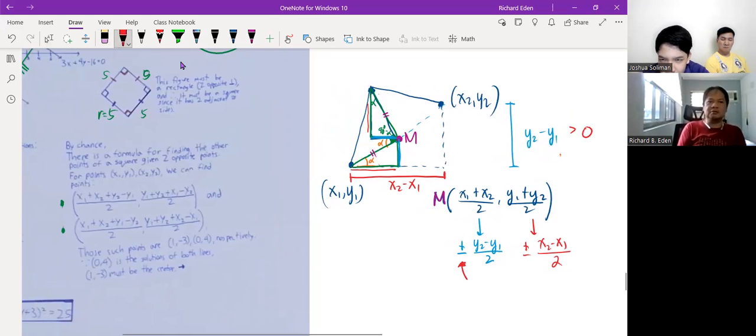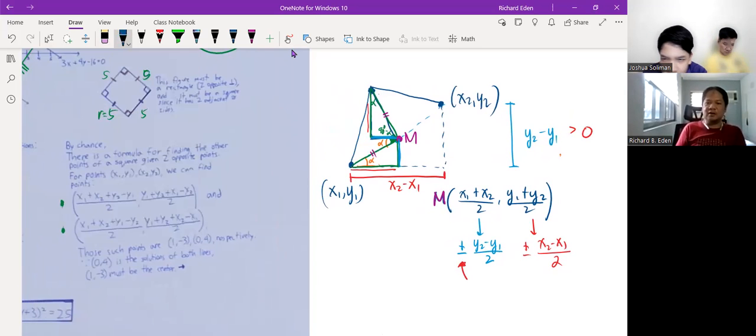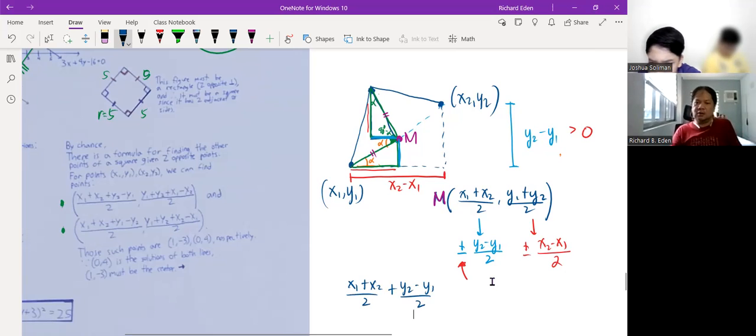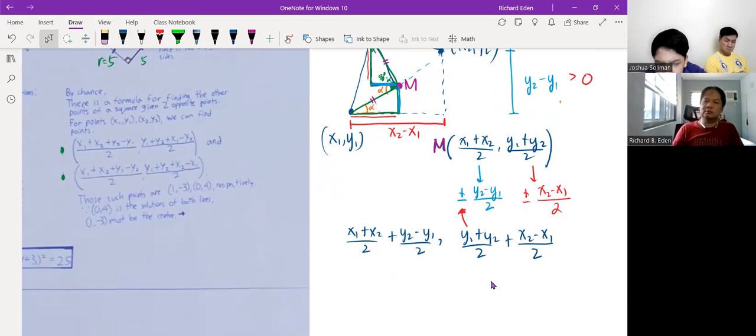Let's check what happens. We have x1 plus x2 over 2, and then plus (y2 minus y1) over 2, and then y1 plus y2 over 2 plus (x2 minus x1) over 2.